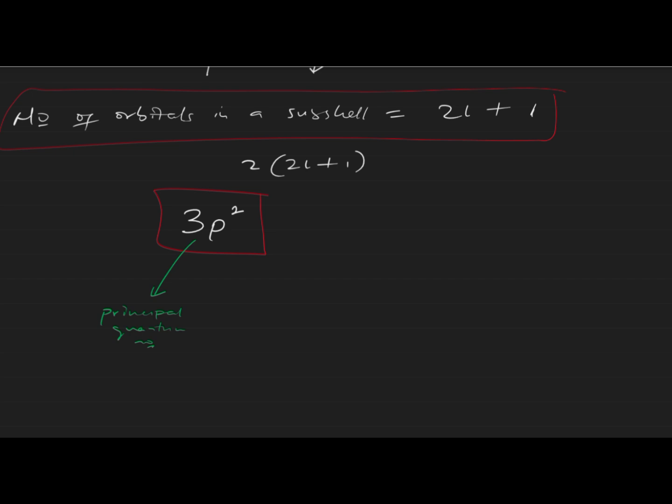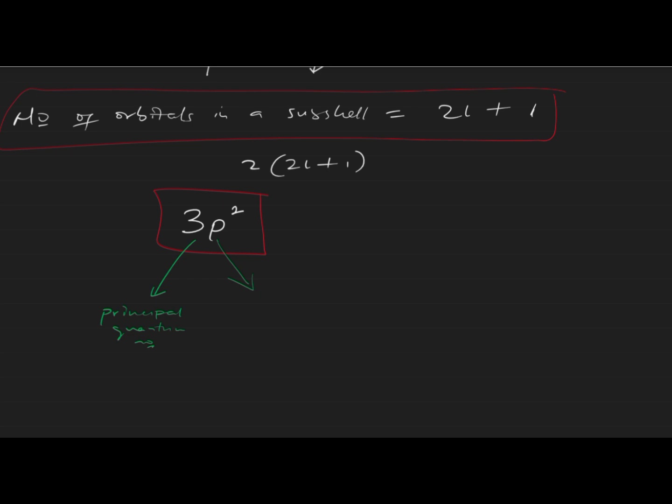That's n equal to 3. That's shell M. K is 1, L is 2, M is 3. So this electron is contained in shell M, which is the third energy level. Then the P here now indicates the specific orbital that is denoted by this electronic configuration.